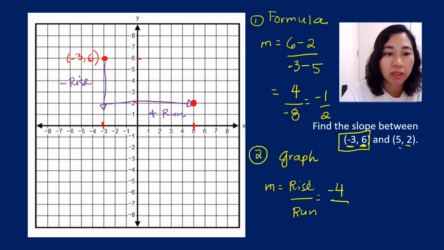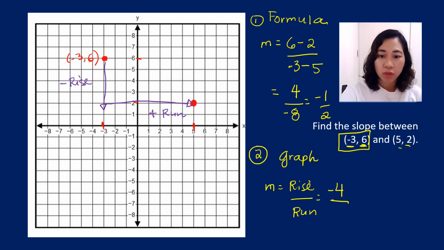I'm already starting here, so 1, 2, 3, 4, 5, 6, 7, 8, and it's positive. So either way, I also get negative 1/2. Now, this is our example. Let's connect this by a line.